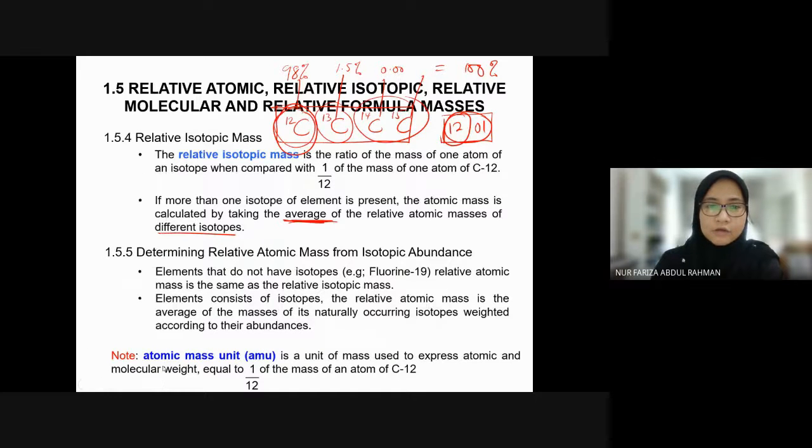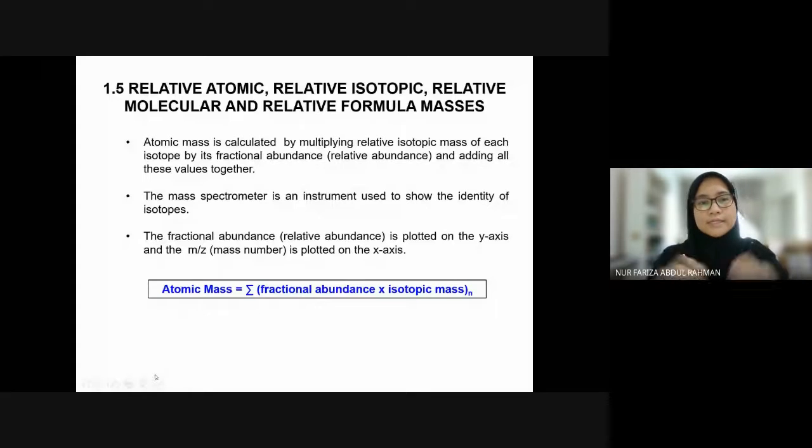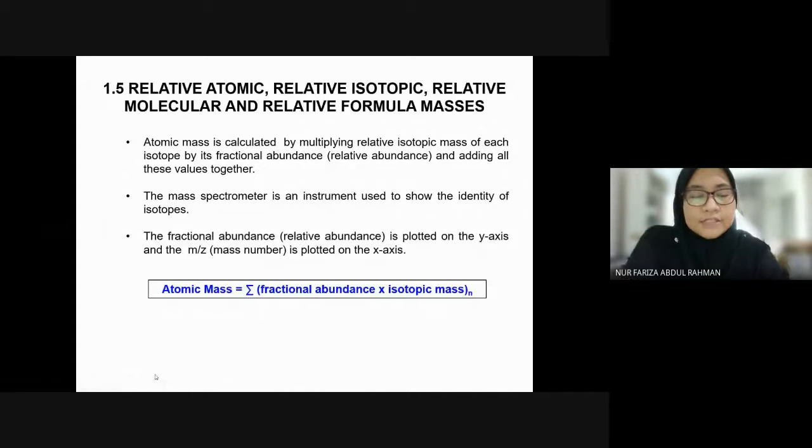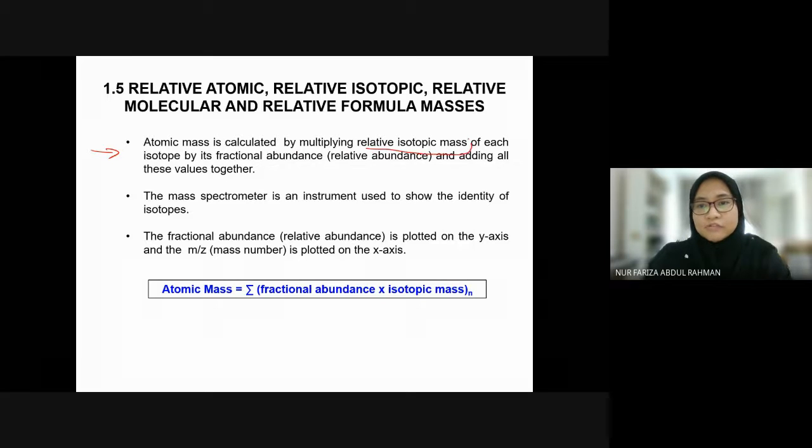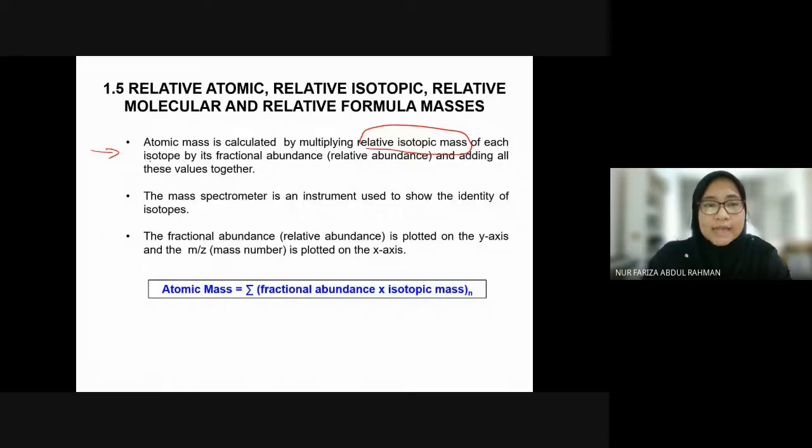Alright, so moving on. How do we calculate the average atomic mass? Atomic mass is calculated by multiplying the relative isotopic mass of each isotope by its fractional abundance, also known as relative abundance, and adding all these values together.